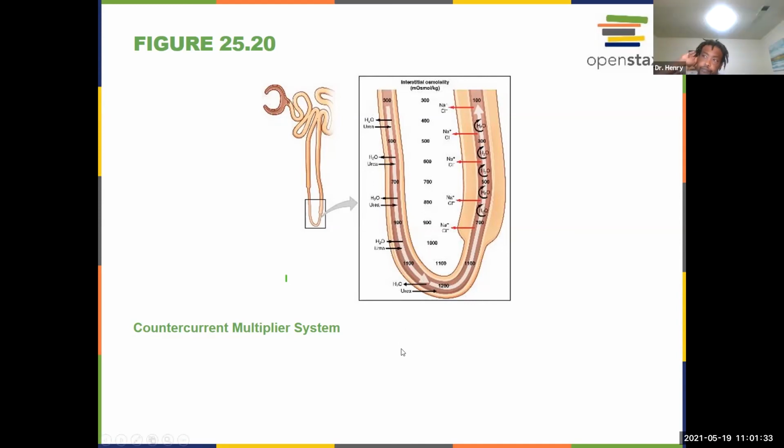Okay, so this here is just giving you the fact that you have that countercurrent going through the nephrons of your kidney, and so you have the water going in one direction, you have the urea going in the other, and so you're constantly having that happen through this process. And so water is being reabsorbed and the urea is being pushed out, right?